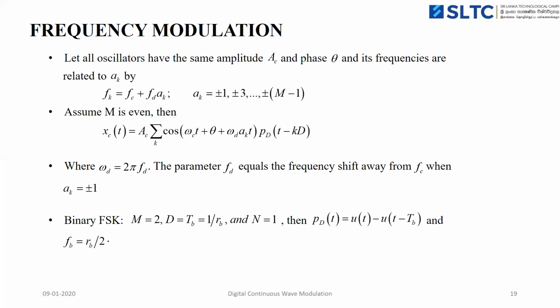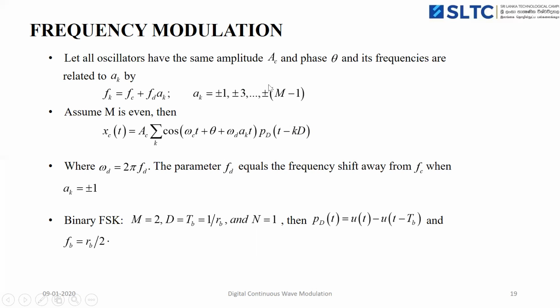Fk is a shifted version of the carrier frequency, so Fk equals Fc plus Fd times Ak. Here Fd is the shifted frequency, Fc is the carrier frequency, and Ak is the amplitude level. The frequency shift changes with respect to the Ak values. So Ak is plus or minus 1, plus or minus 3, and up to plus or minus (M minus 1).